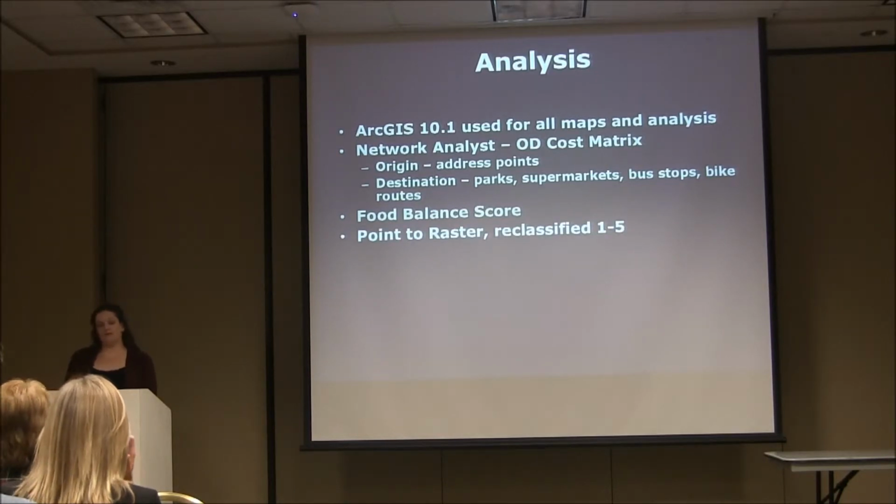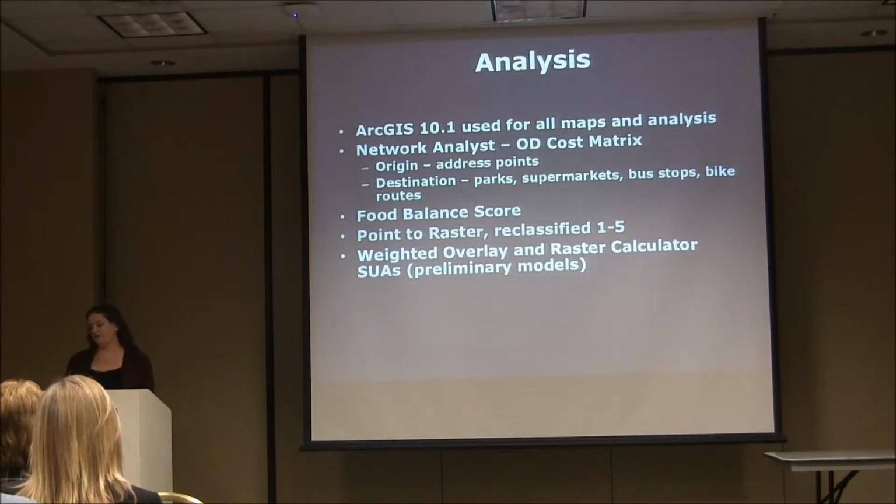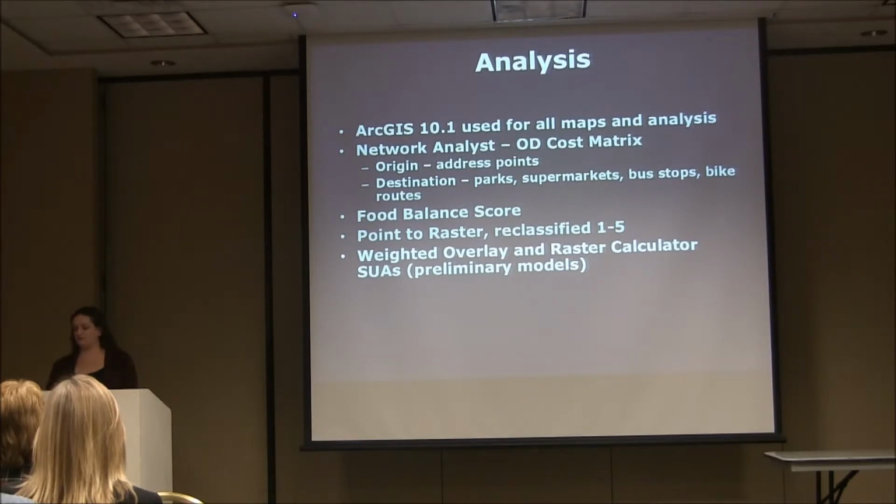All points were then converted to rasters and reclassified on a scale of 1 to 5. And then I used a weighted overlay and some raster calculator math to combine these models. A weighted overlay is sort of a more nuanced way to combine the various criteria when they're based on a common scale.